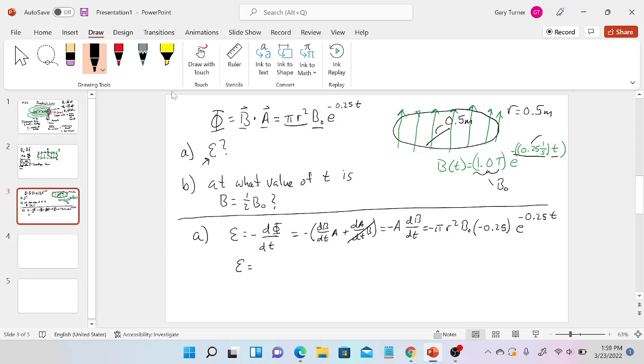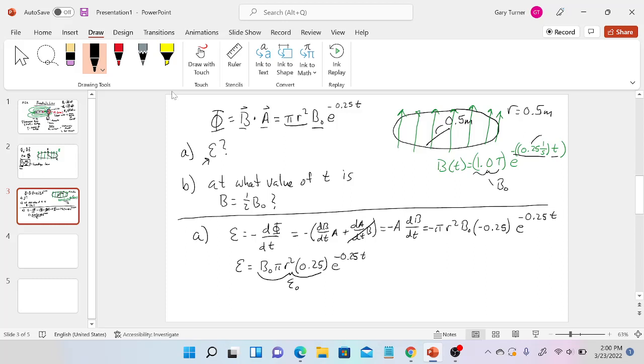And my EMF is going to be described as B naught pi r squared times 0.25 times e to the negative 0.25t. So it's still an exponentially decaying function, but this is indicating that our initial EMF, this is EMF naught, is going to be positive, and then it's going to decay. That's what this is telling us.